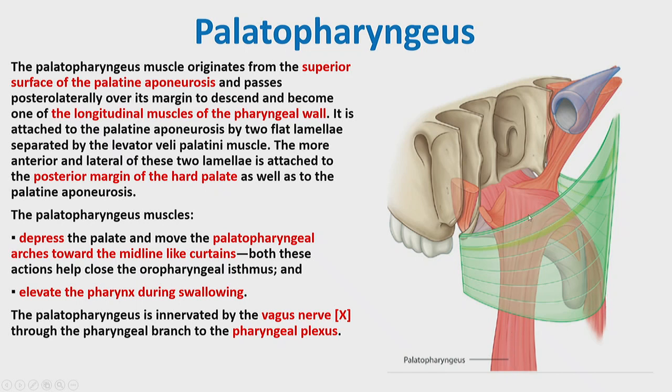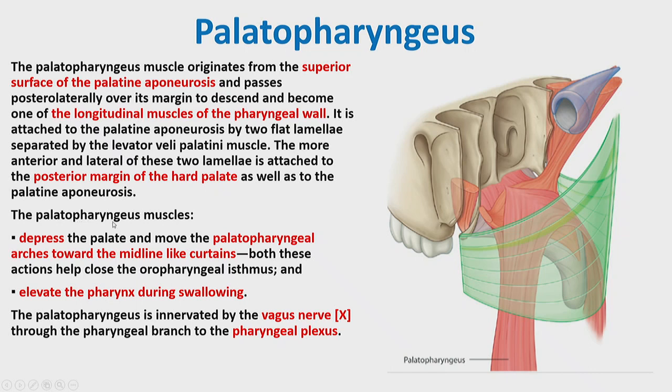Here, as you see, is the superior surface of the palatine aponeurosis, and then from each side it goes vertically down, or caudally, as a longitudinal muscle of the pharyngeal wall. So as you see, it makes up the muscles of the pharynx and also the muscles of the soft palate, and anteriorly it reaches the posterior margin of the hard palate.